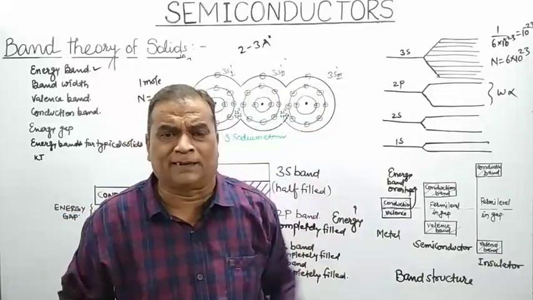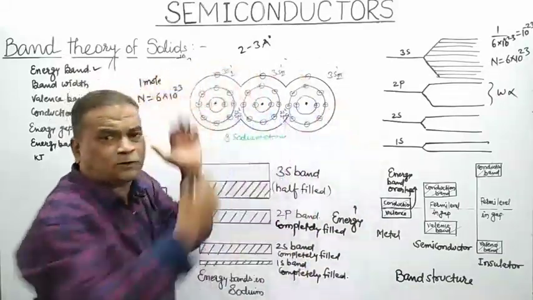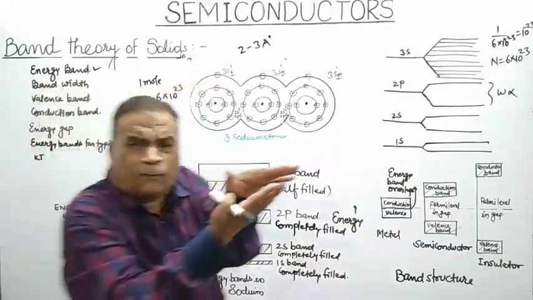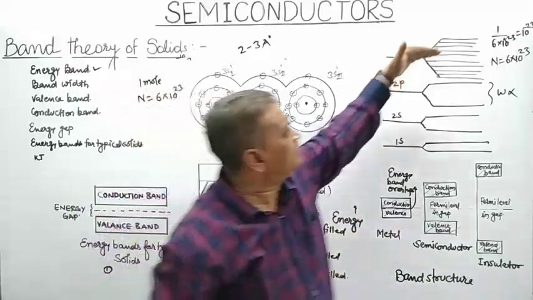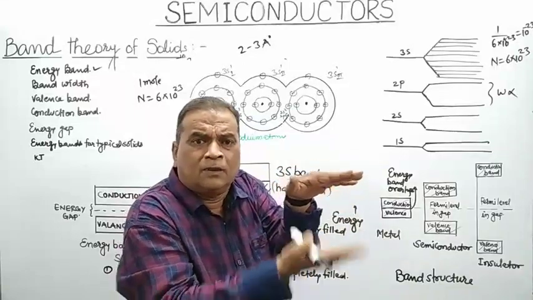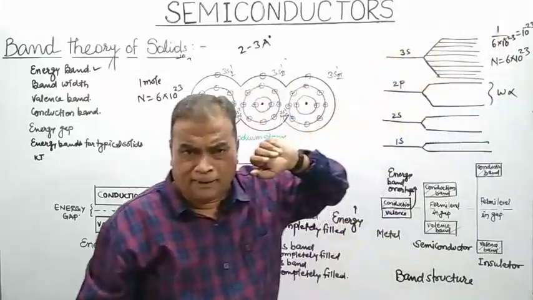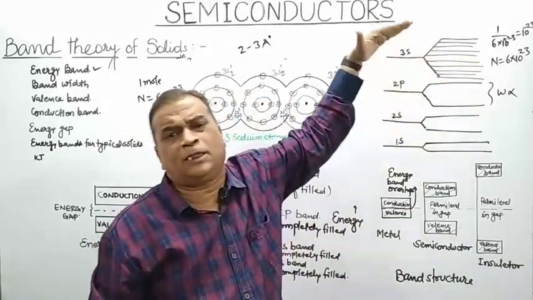Means, in other words, during the sharing of electrons in the outermost orbit, there occurs a splitting of energy level into what? Continuous energy levels. The 3s energy level gets splitted into a very large number of energy levels, that is 6 into 10 to the power 23, and these energy levels are so closely packed.